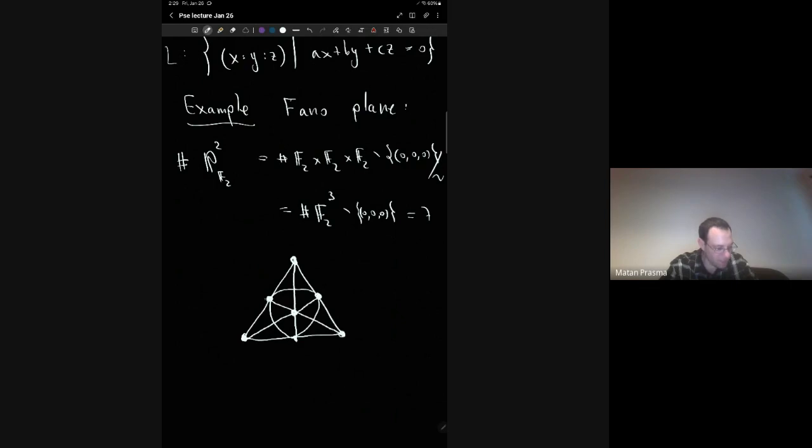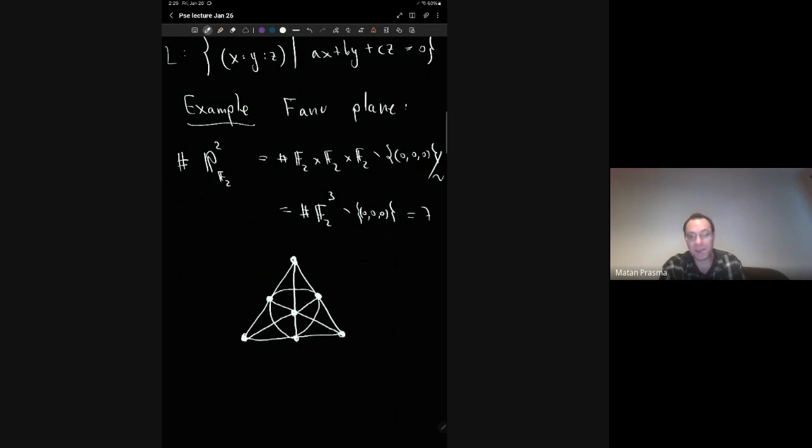And this is a representation of the so-called Fano plane. The Fano plane is 7 points, and every straight line or the circle is a line passing through the points.